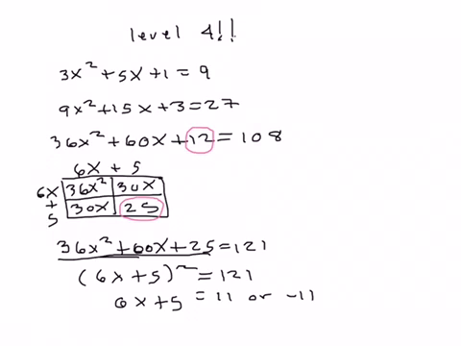I know we haven't seen something quite this complicated before, but we can solve this, right? I know we can. If we can solve quadratics, we can solve this. Actually, let's move this to another page because I'm running out of room. So 6x plus 5 equals 11 or negative 11.